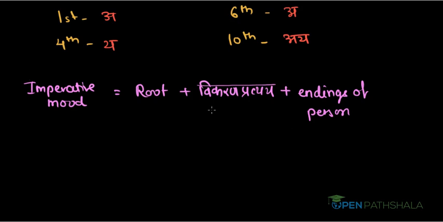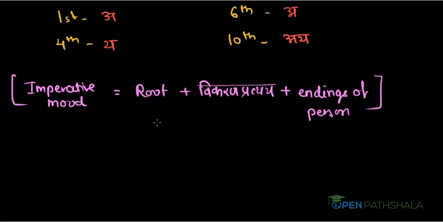Now we have used the same formula for making present tense forms, but the difference is endings of person for making imperative mood form will change. They will not be same as that of present tense endings. So whenever we want to form some imperative mood form, we have to use this particular formula.